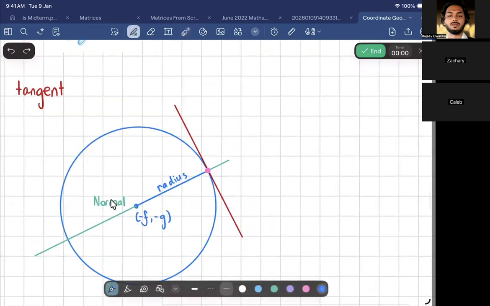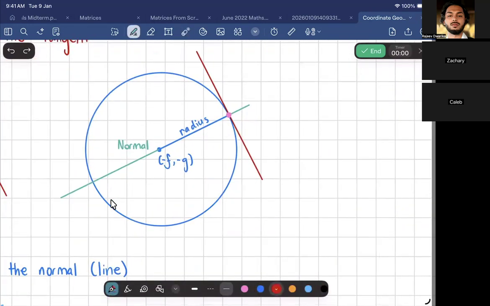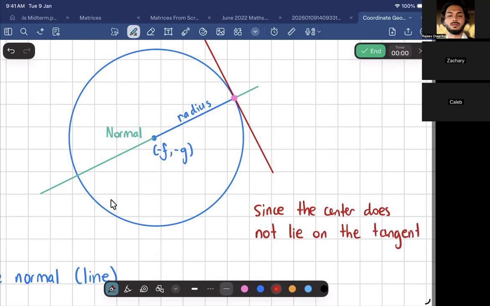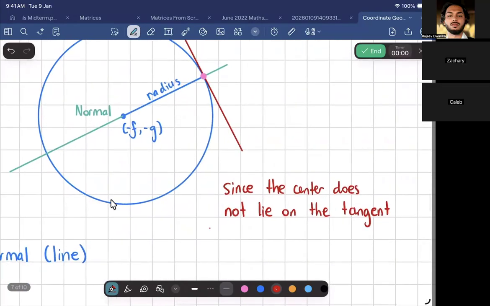So I'll make a note about that. Since the center does not lie on the tangent, you cannot use it to find for what?